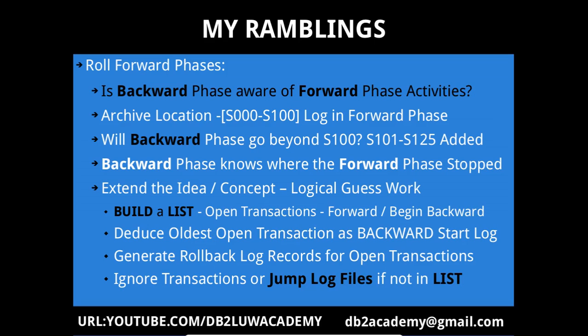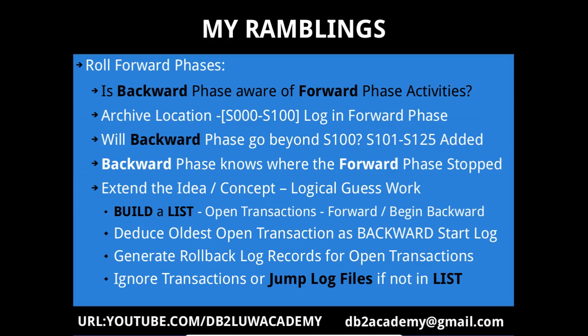If you do not replay the transaction in the forward phase, in the backward phase there is nothing to undo, right? But the point here is the backward phase is aware of the log number where to stop. That is the important point here.